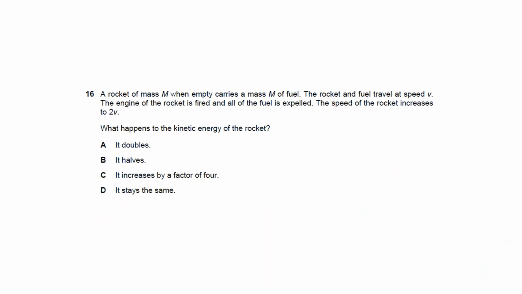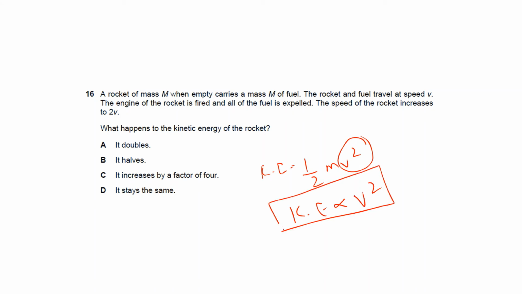Now, moving on to question number 16, they say that a rocket of mass m, when empty, carries a mass m of fuel. The rocket and fuel travel at speed v. The engine of the rocket is fired and all of the fuel is expelled. They say that the speed of the rocket increases to 2v. They're asking what happens to the kinetic energy of the rocket. We know that kinetic energy is equal to half m v squared.